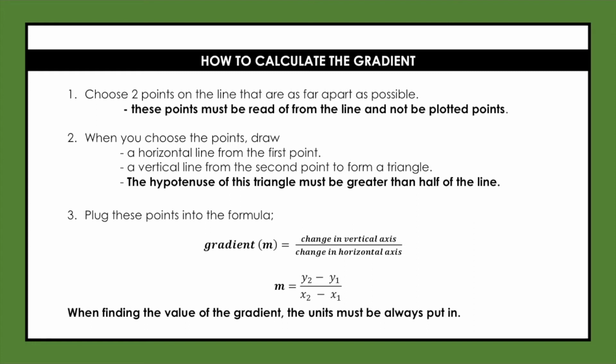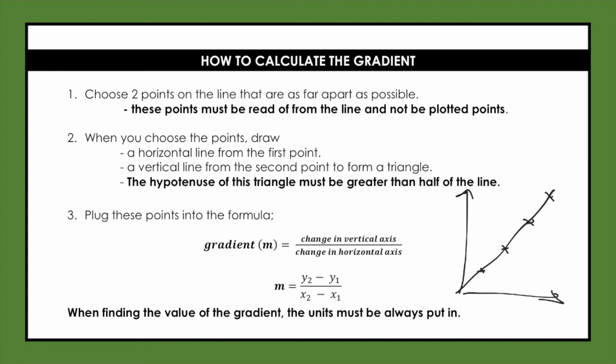And in bold here, you'll see these points must be read off from the line and not be plotted points. Now, this is one of the biggest things that I see students do all of the time. You have your graph, and on this graph, you have these points plotted.